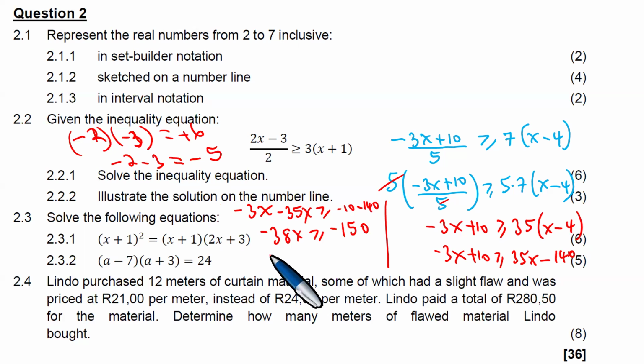So at the end, you'd have minus 38x, and then minus 150. You divide by minus 38. The inequality that was greater or equal to becomes less than or equal to. In the end, x is less than or equal to 150 over 38.